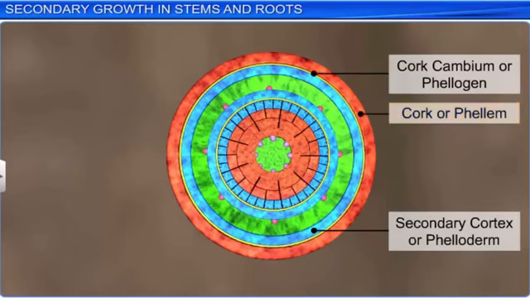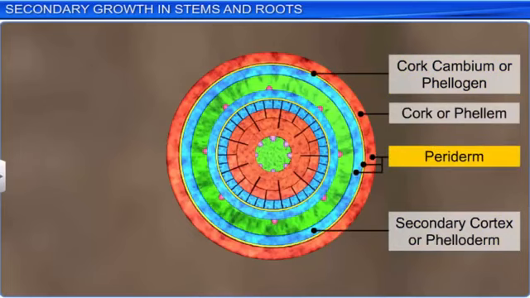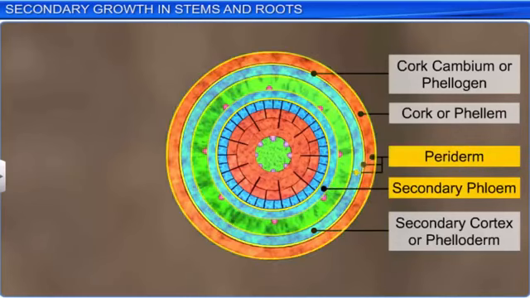Tissues resulting from secondary growth in the cortex, namely cork, phellogen and phelloderm, are collectively called periderm. Tissues outside the vascular cambium, which include the secondary phloem and periderm, are typically known as bark.